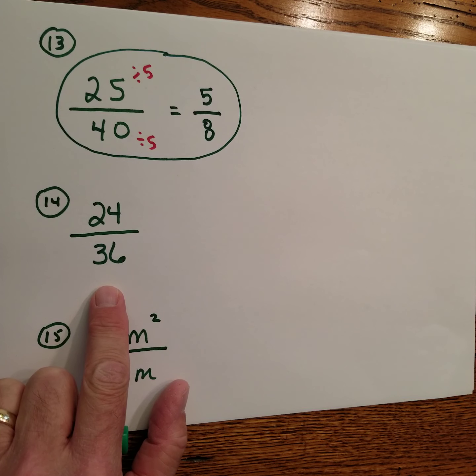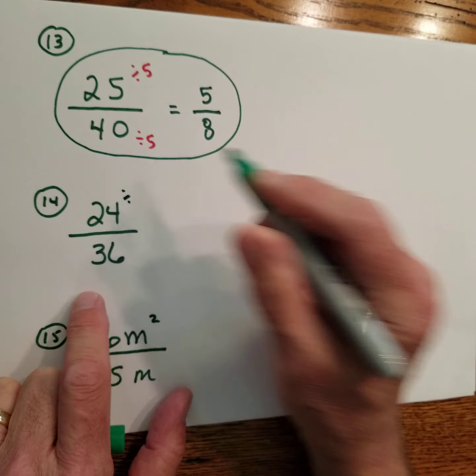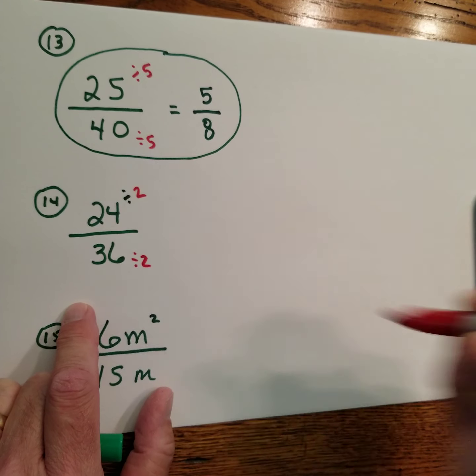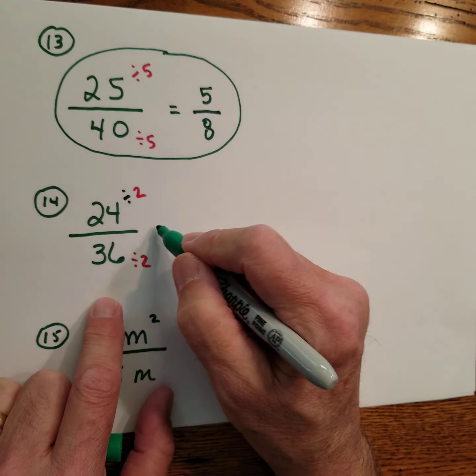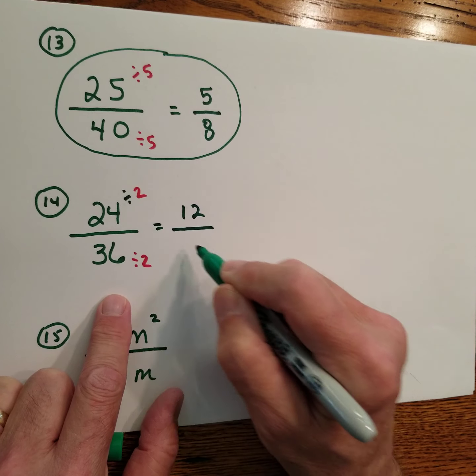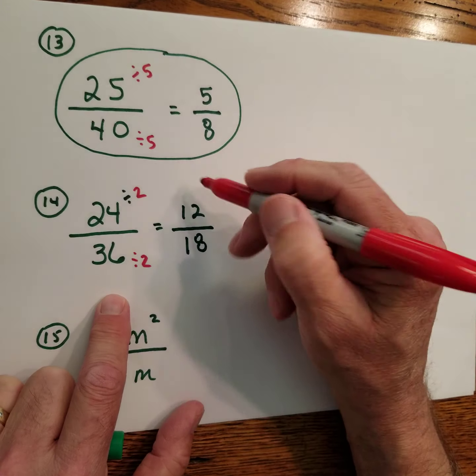24 over 36. Those are divisible by lots of different numbers. I know they're both divisible by 2. 24 divided by 2 is 12. 36 divided by 2 is 18. Those numbers are both even.